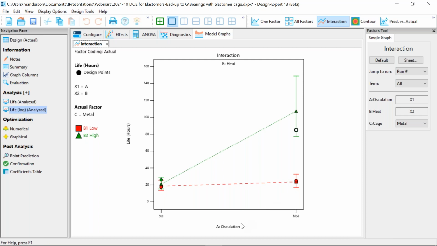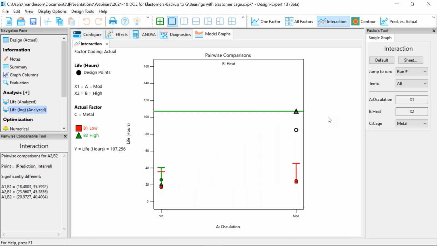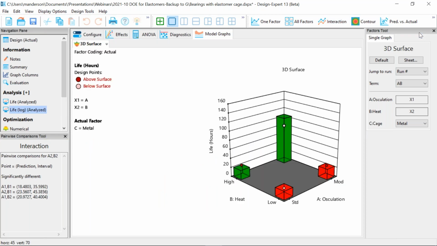But when you increase both the oscillation and the heat at the same time, you get this tremendous increase that stands above everything else. And so that's our finding here for this multi-factor two-level design. And it gives you a really good result, as you can see with this towering green bar at the back end here.